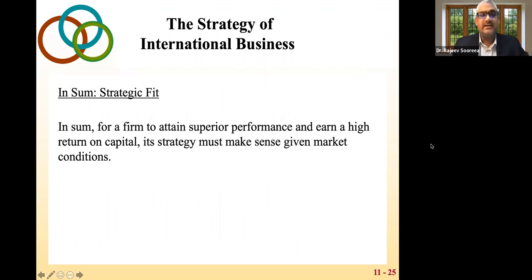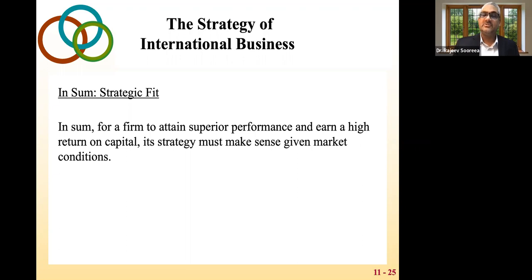So in summary, what is required is that a firm needs to have what we call a strategic fit. The strategy of the firm needs to fit with the organization structure, the organization architecture.